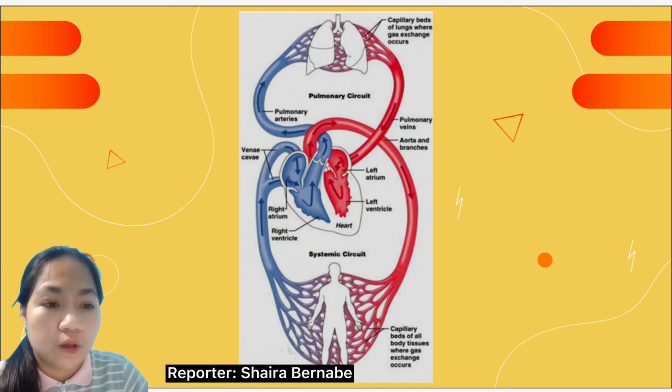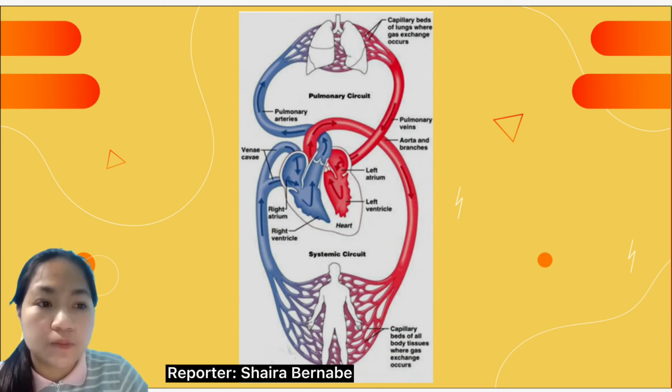Then oxygenated blood leaving the lungs flows back to the heart via the pulmonary veins, and is then pumped to the rest of the body from the left ventricle via the aorta and its branches.